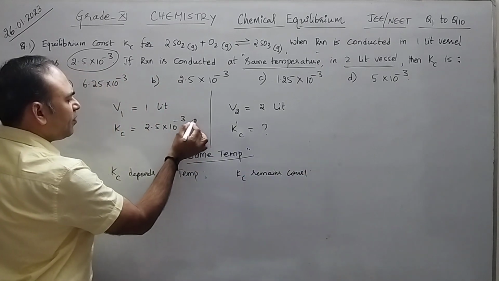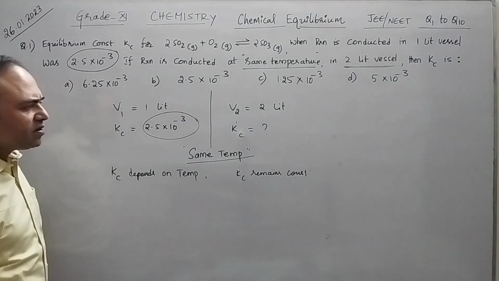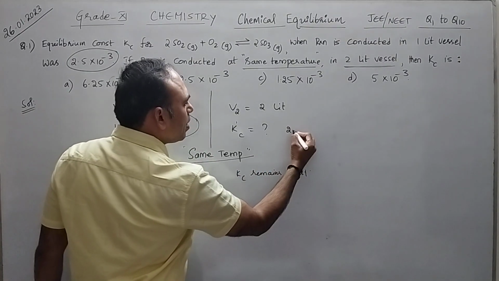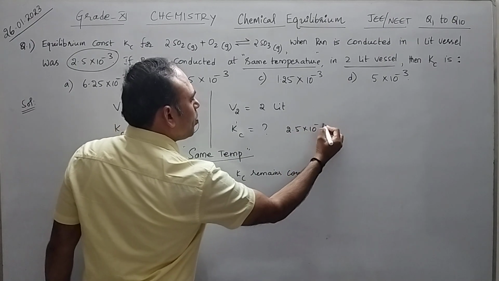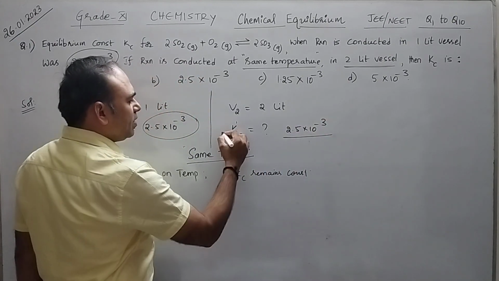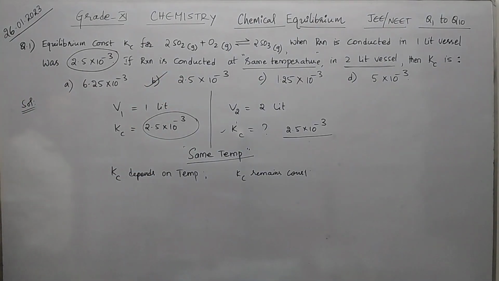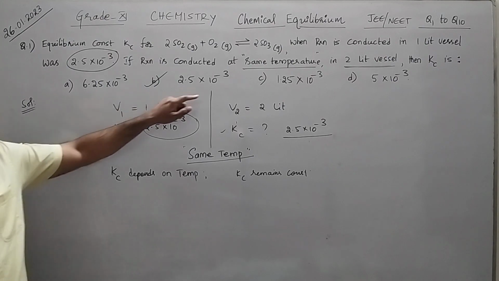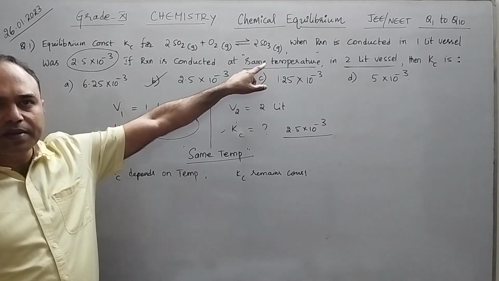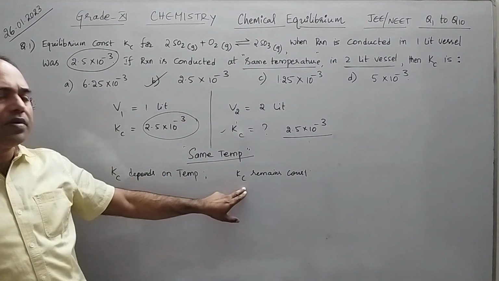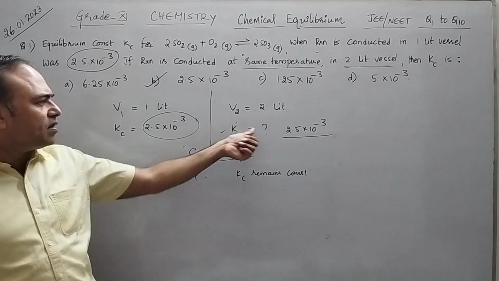So therefore, straight away you can write the value as 2.5 into 10 to the power of minus 3. So K dash C also remains the same. Hope you have understood this, very simple. Don't go with the usual formula. Straight away, using the condition of same temperature, if temperature remains constant, Kc also remains constant. Therefore, you can write the same answer.